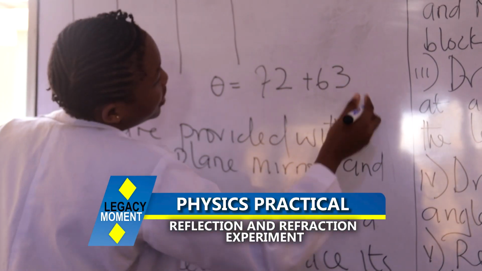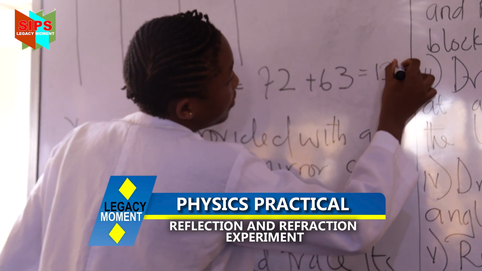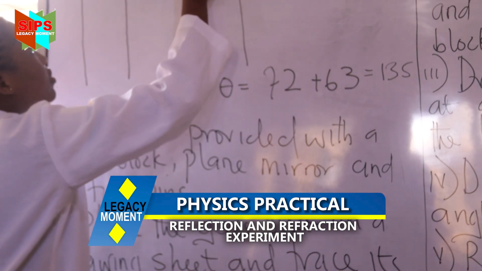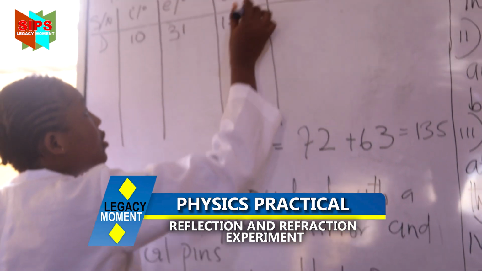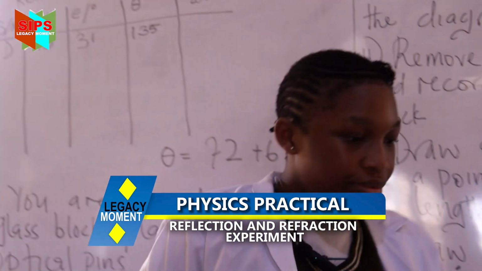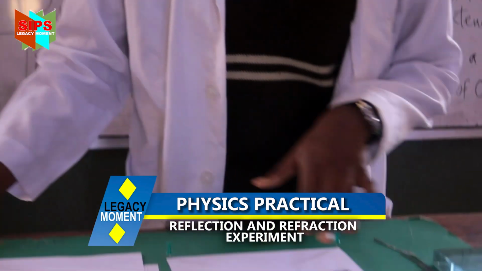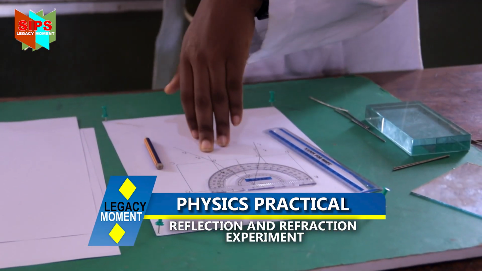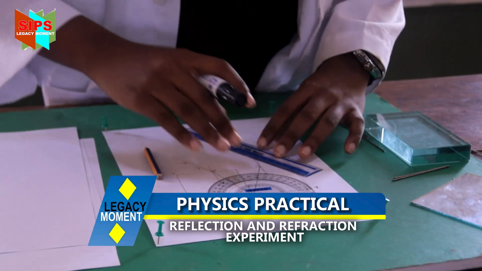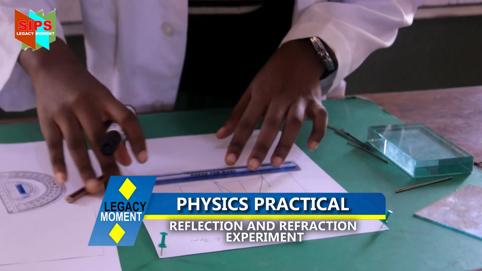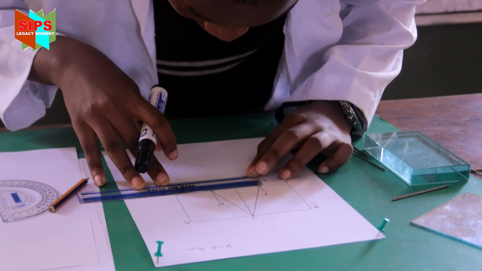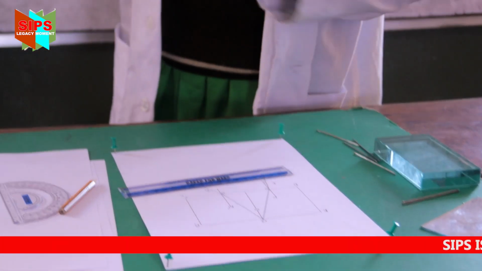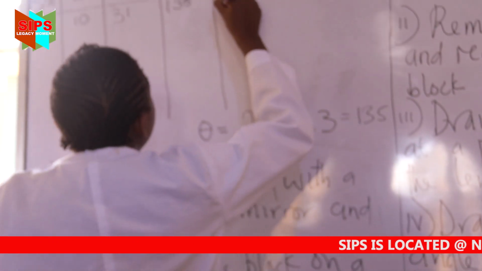So if I add this it will give me 135. So I'm going to measure length D, which is from O prime to O. That is 5.2.